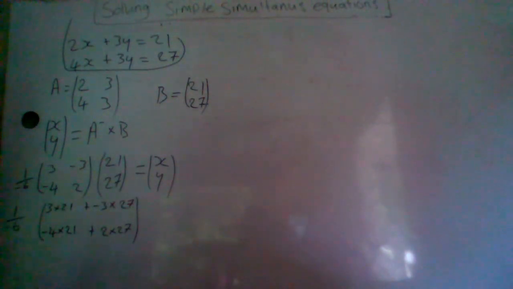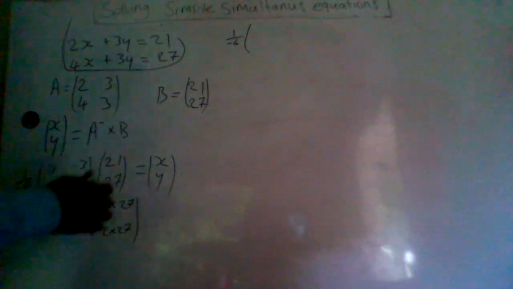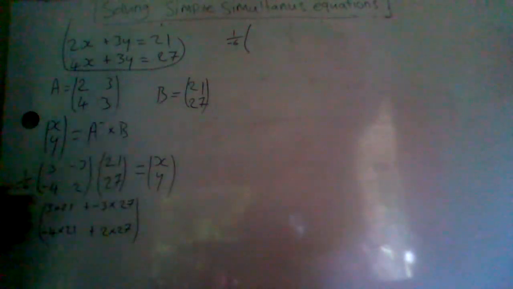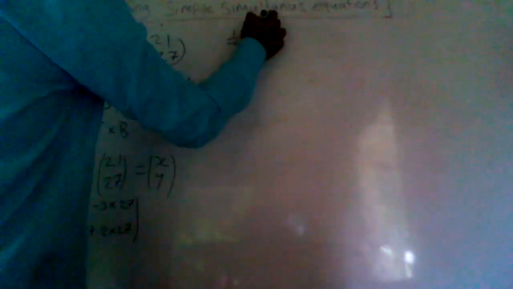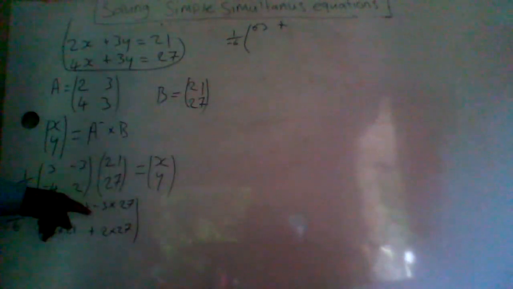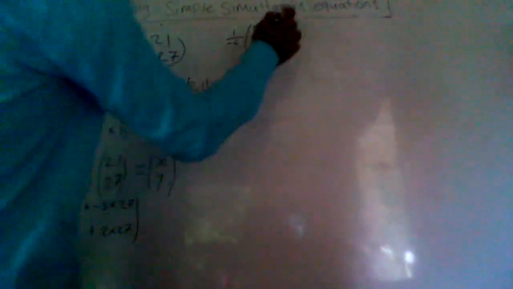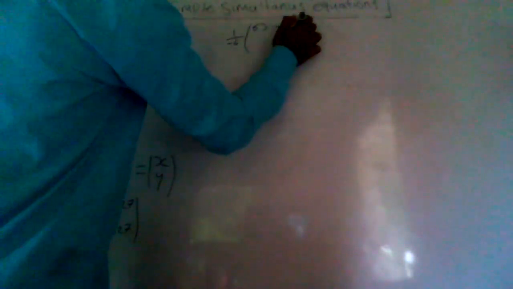You'll go ahead and keep the scale factor still. So we'll have negative 1/6. 3 times 21 would be 63. So 63 plus negative 3 times 27 would be negative 81. So it will be minus 81.